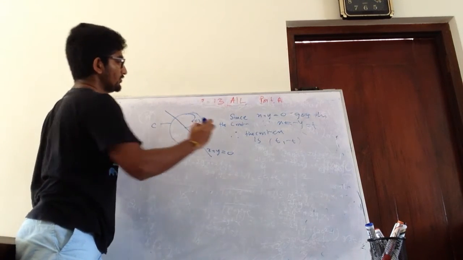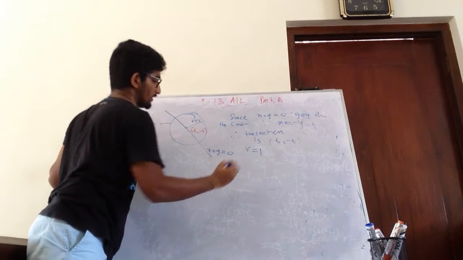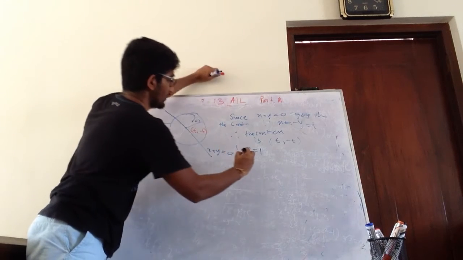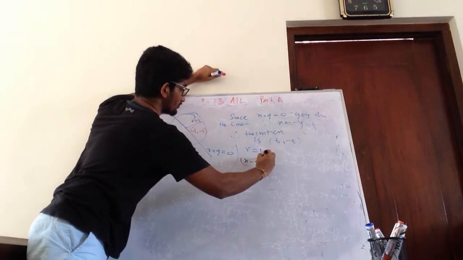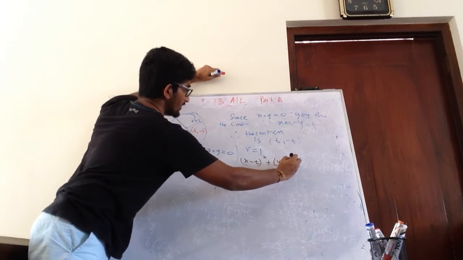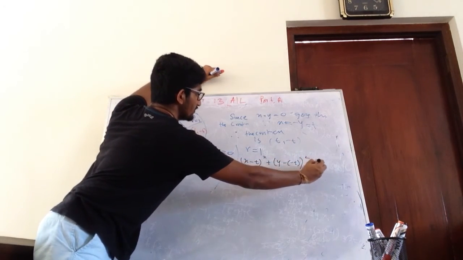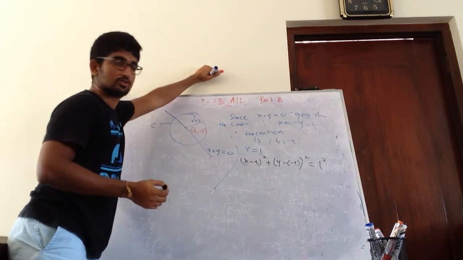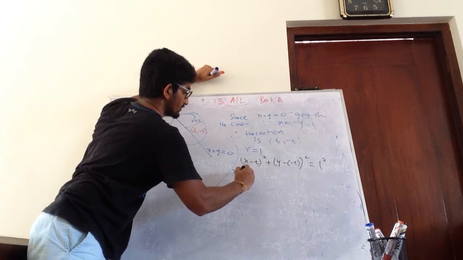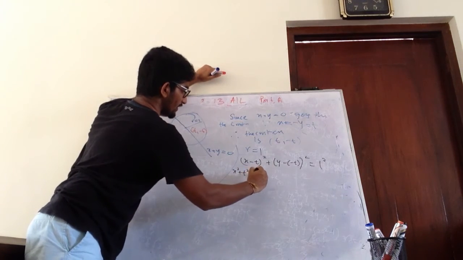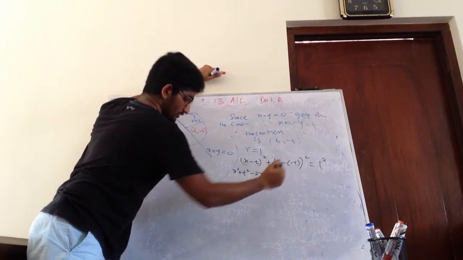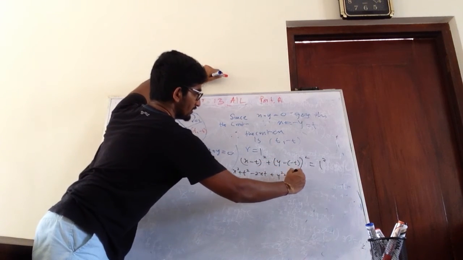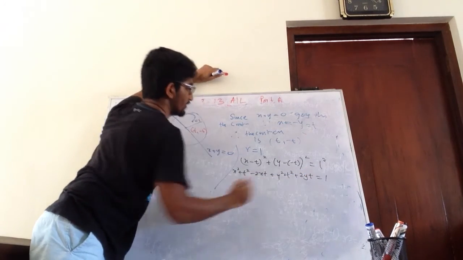So now you know that the radius is also 1. So you can actually write this equation down. That is what? x minus t square plus y minus t square is 1 square. Correct, no? So then x square plus t square minus 2xt, and y square plus t square plus 2yt is equal to 1.